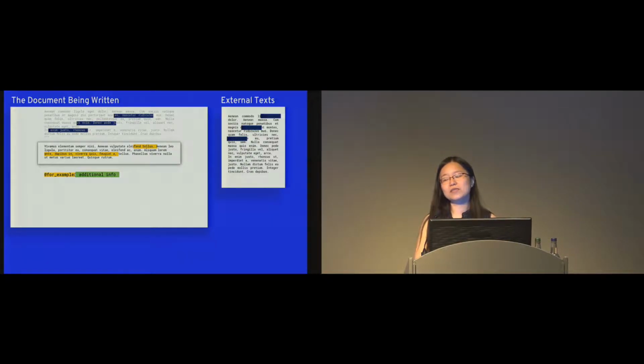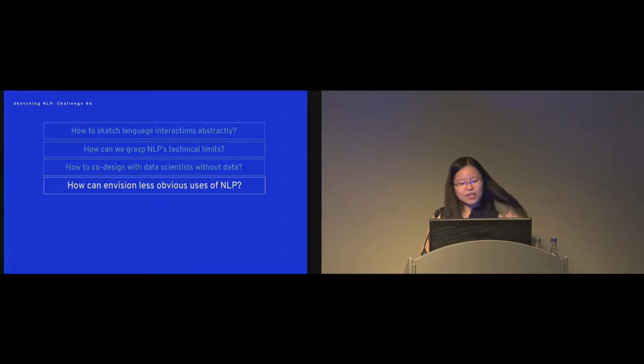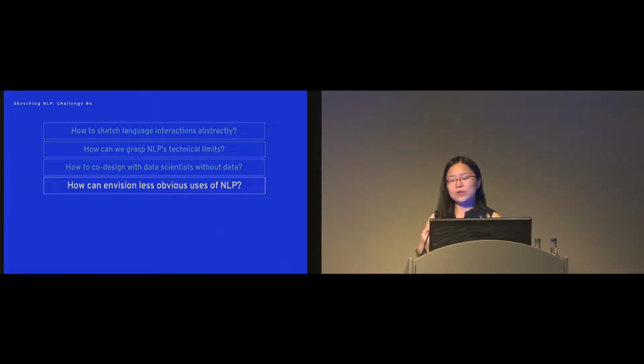In the paper, we described a set of rules of thumb for other designers to use, such that they can quickly gut check the technical feasibility of their design. So at this stage, we have become much more aware of what can be built and what cannot be built, and we found ourselves now thinking like data scientists.